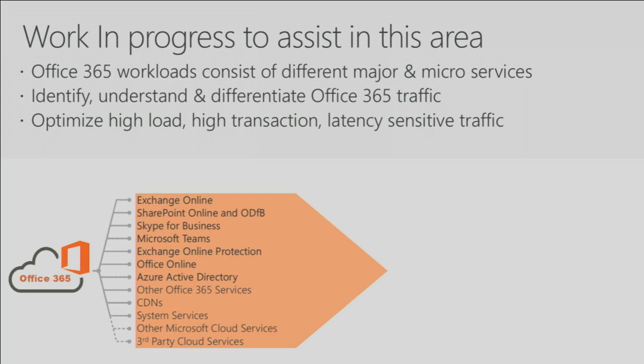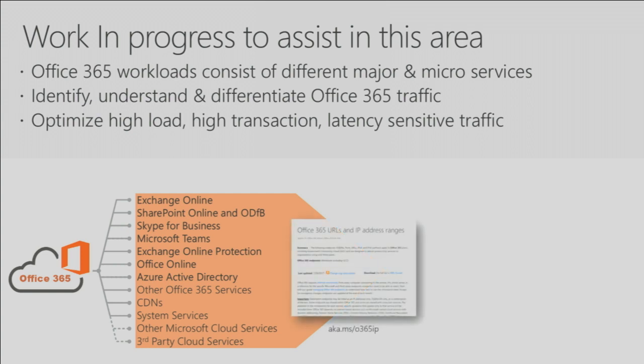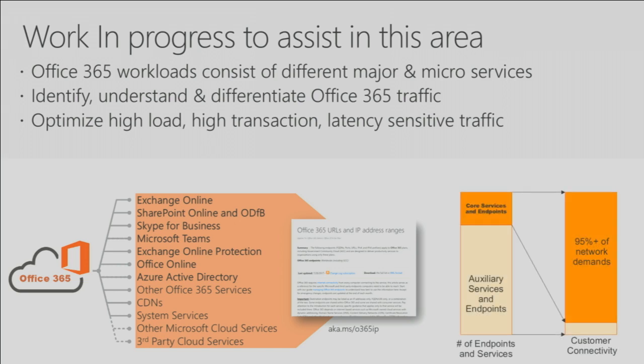What we've been looking into with some of our partners and also within our own data centers is to figure out, okay, which of the Microsoft endpoints are actually causing this problem? Is it all of them or a small subset? And what we've found out is that roughly 95% of network demands are delivered by a small number of URLs.